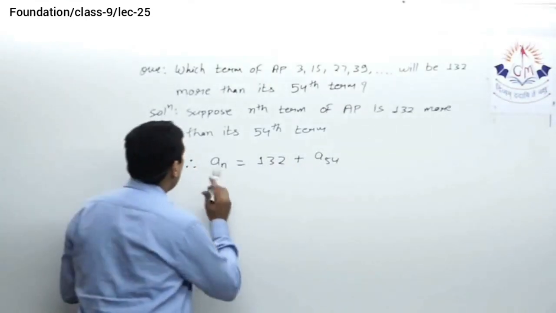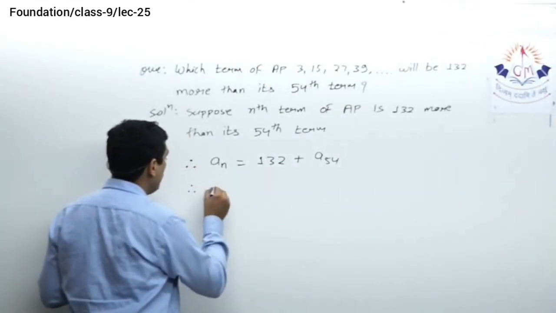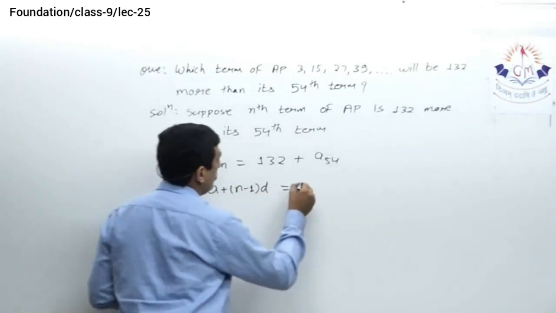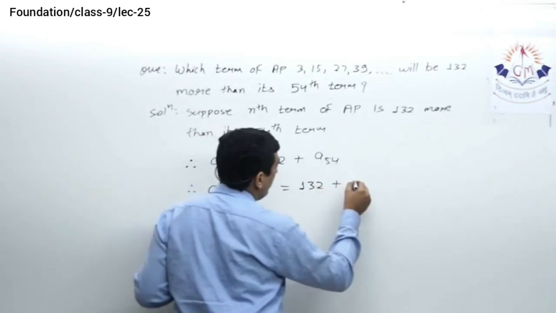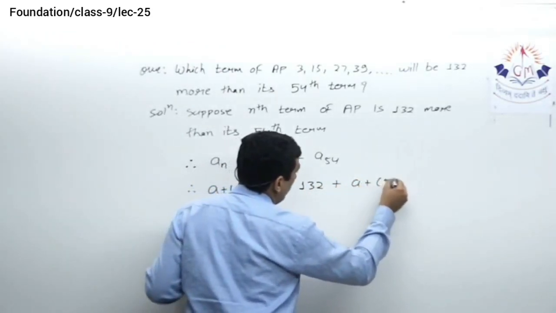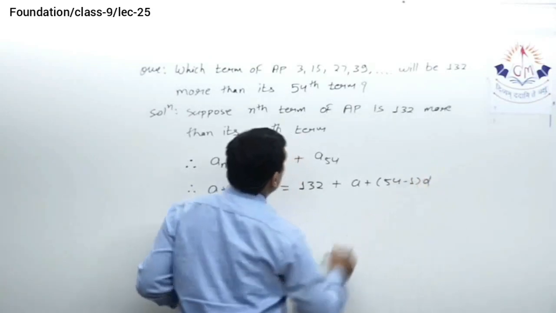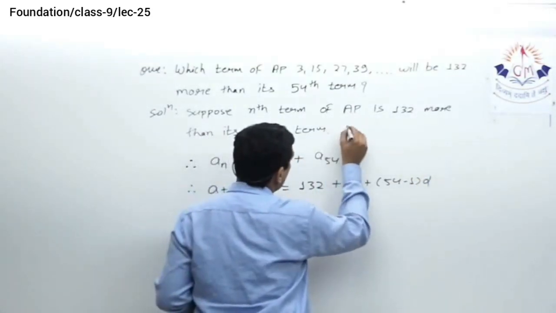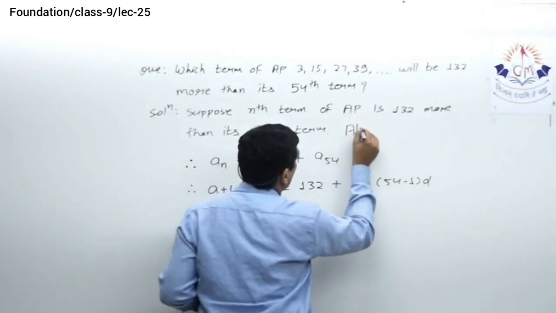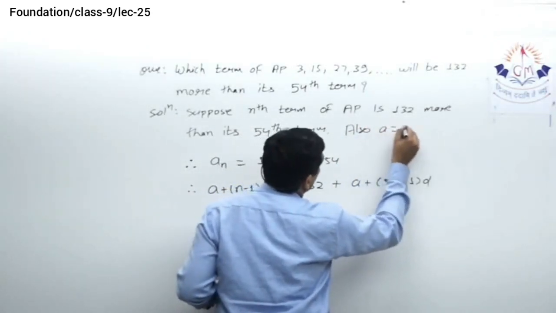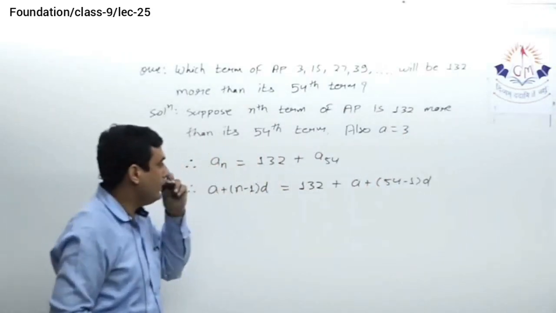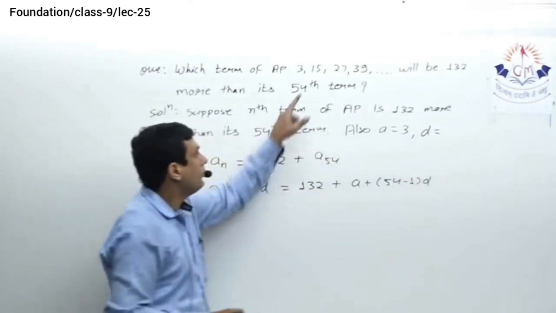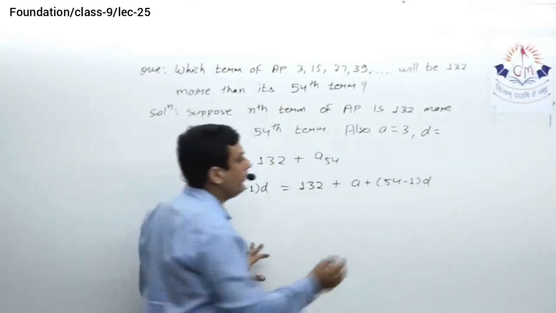Now simply I will put the formulas. An is equal to a plus n minus 1 into d is equal to 132, and a54 is a plus 54 minus 1 into d. Now d and a both are given. Okay, it is given a is equal to 3 and d is equal to 15 minus 3, that is 12.